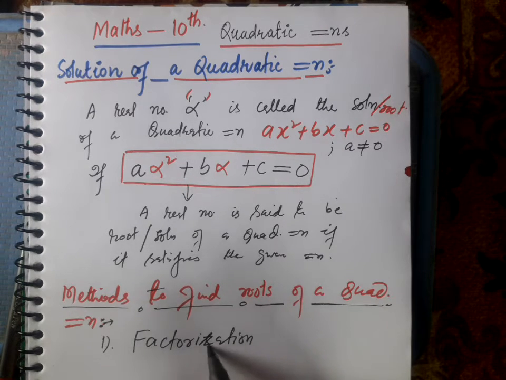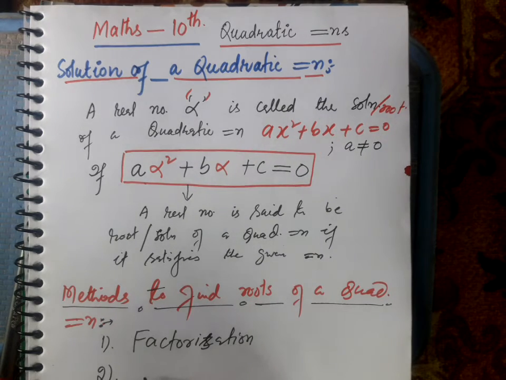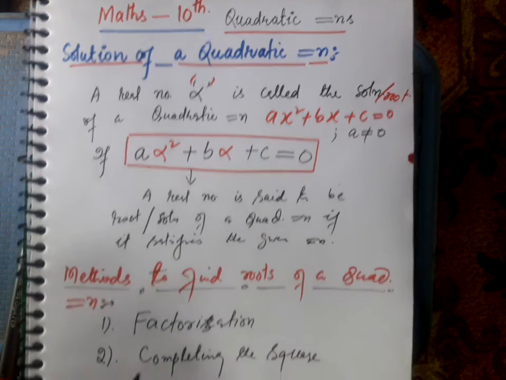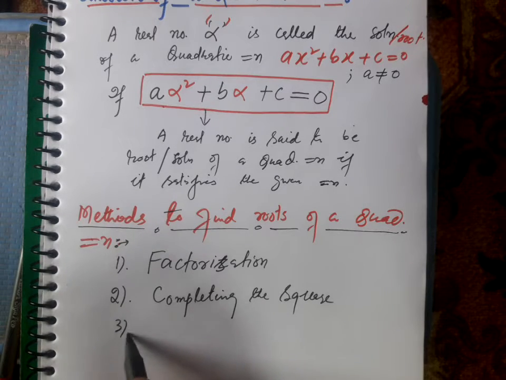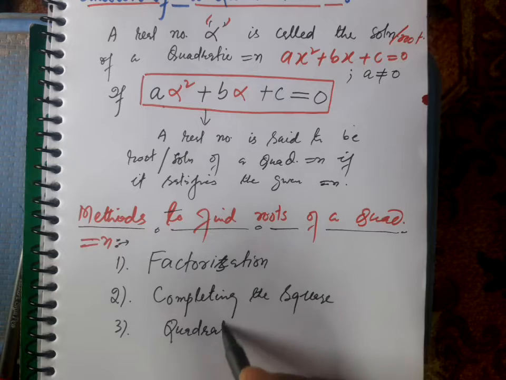The second method is completing the square method. And the third method is the quadratic formula.